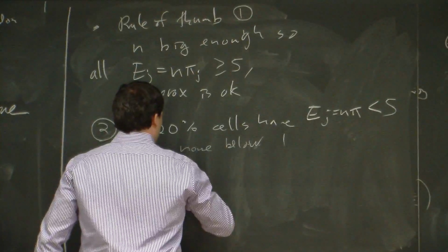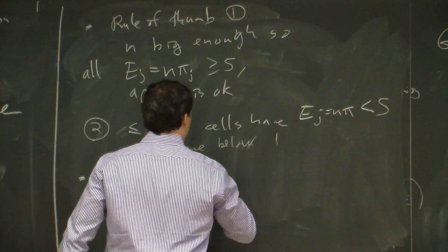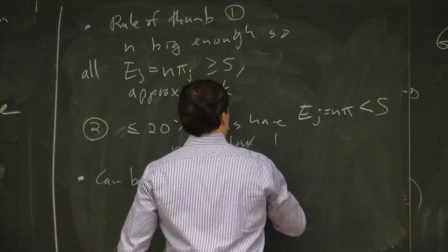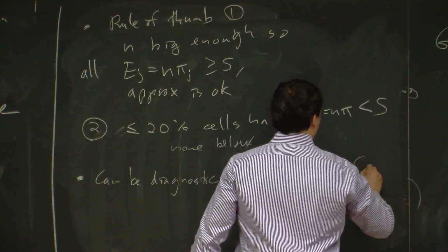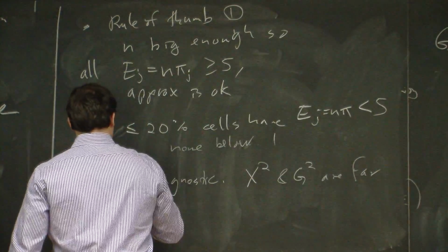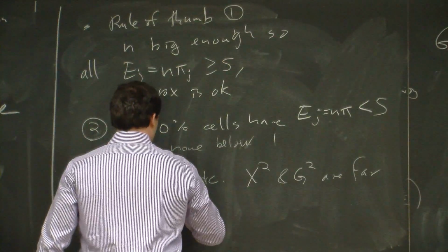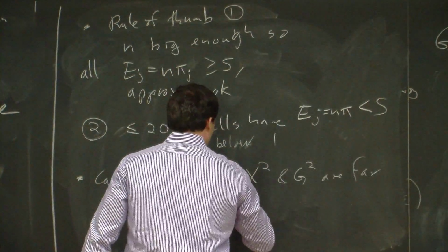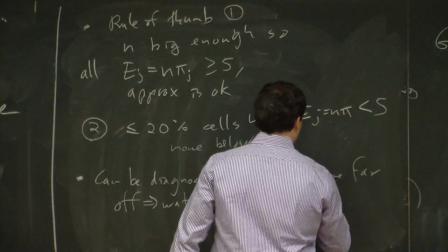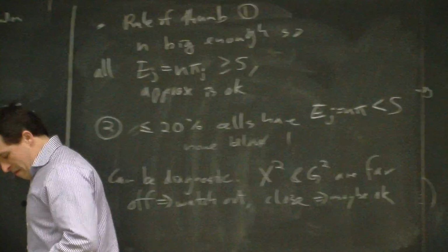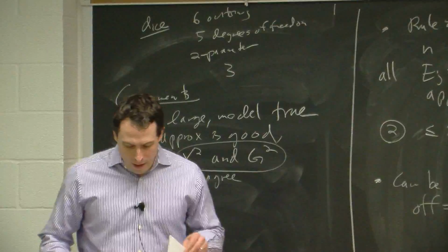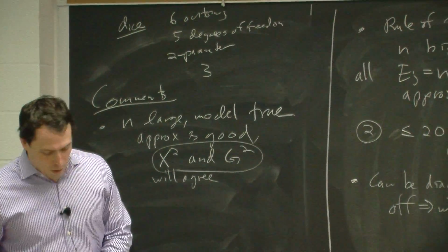Can be diagnostic. In other words, if the Pearson and the G squared are very far from each other, maybe we should watch out. And if they're close, maybe we're okay.